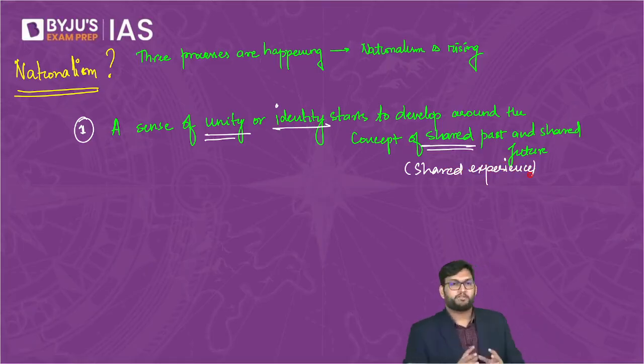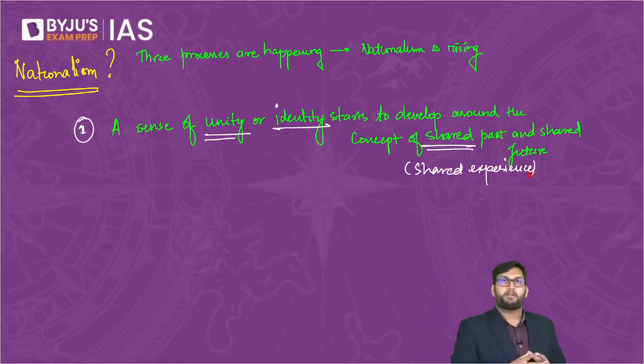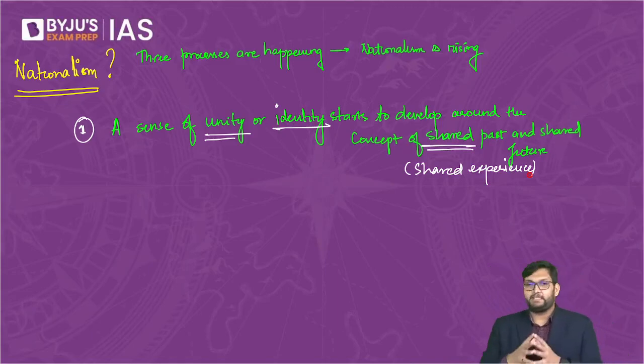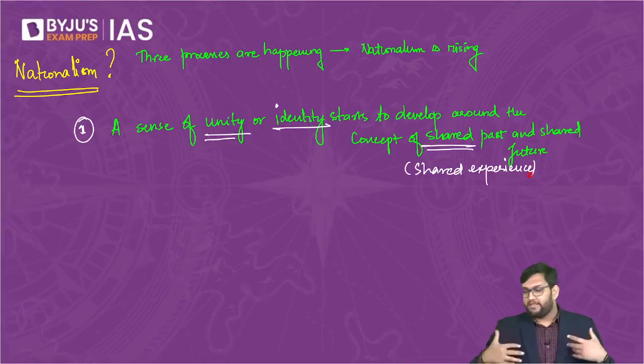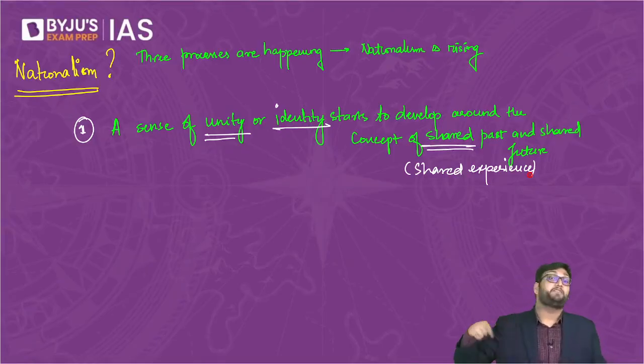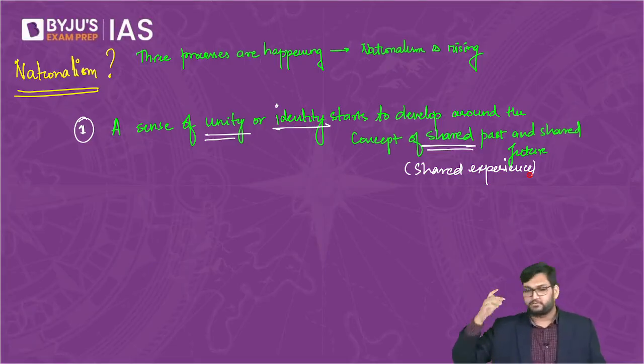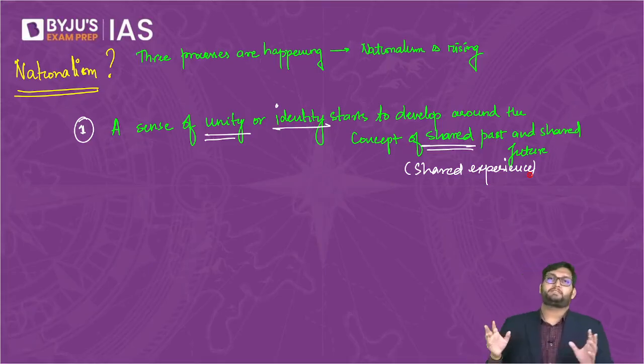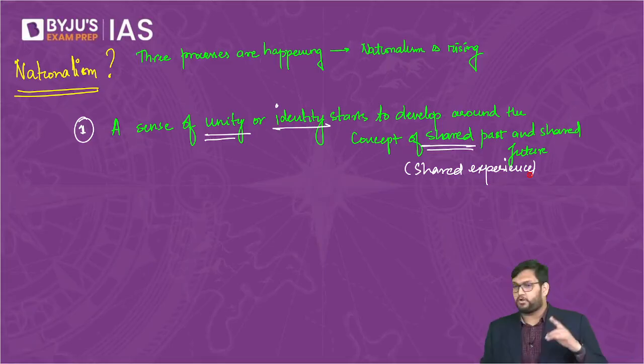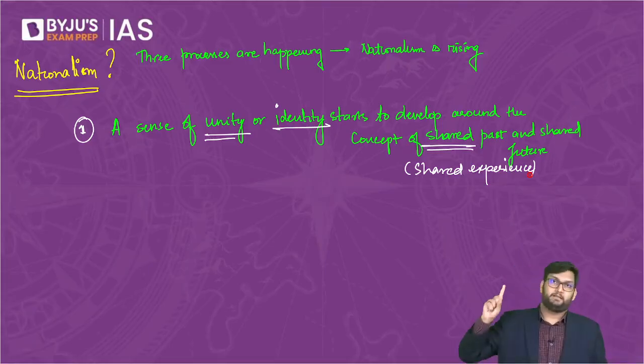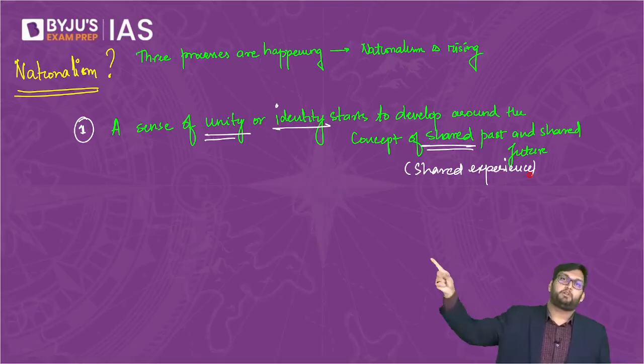If ISRO launches a rocket, that rocket is as much mine as yours. So the basic point of the matter is that when you start to see identity formation not on the fact that both of us are related, but on the concept that we both have the same history, and we both have the same future also.